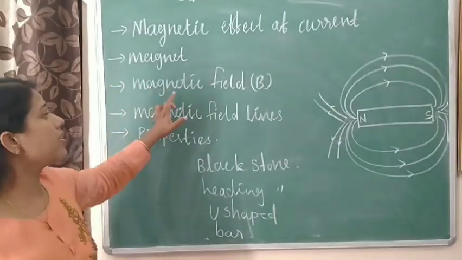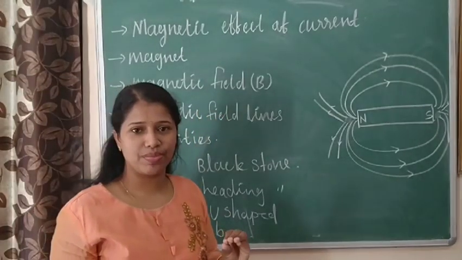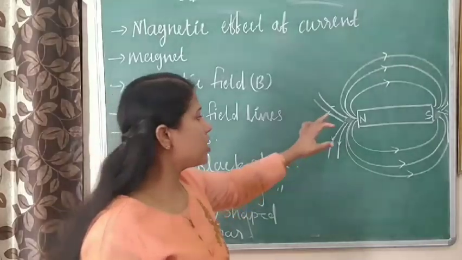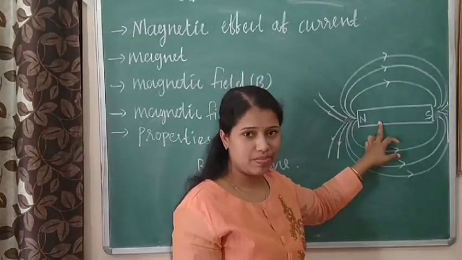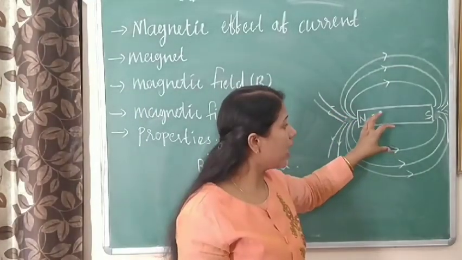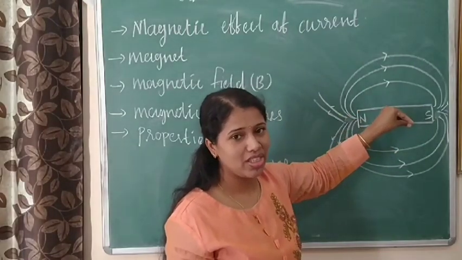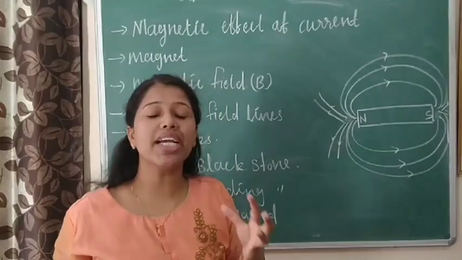Next is magnetic field. This is a bar magnet. The space around a magnet where its effect can be felt.